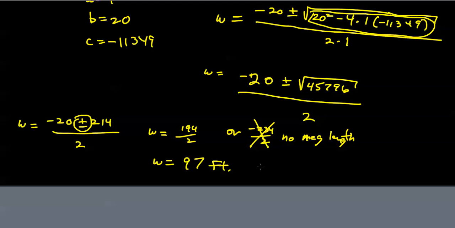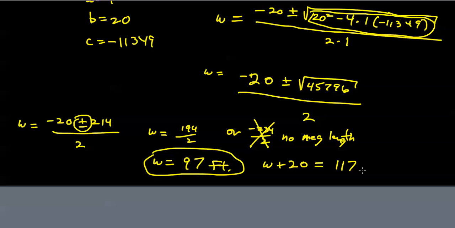Alright, so if w then is my only solution for the width, then my length, of course, is w plus 20, and that's going to be 117 in feet. So the dimensions of my gigantic movie screen is going to be 97 feet by 117 feet.